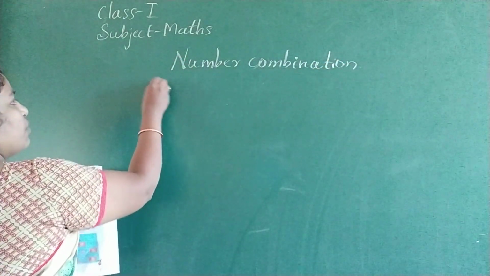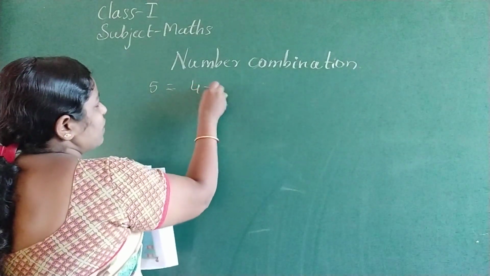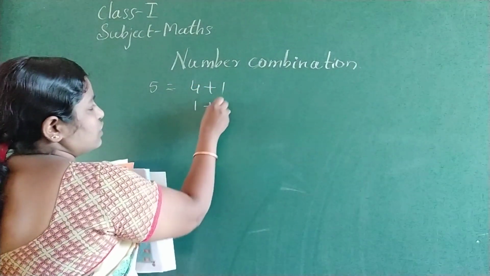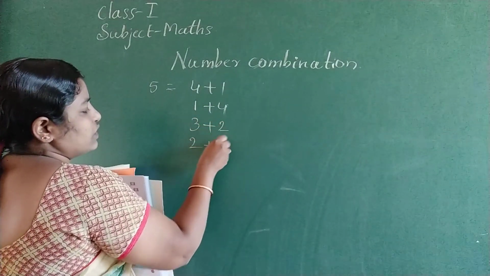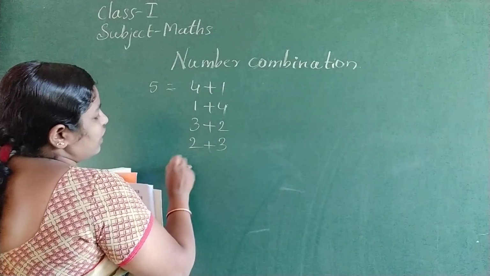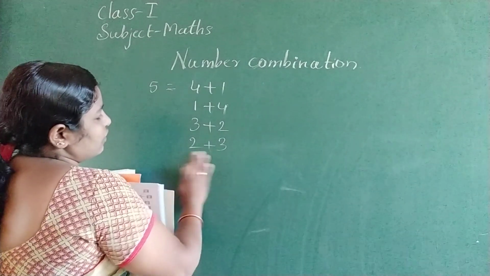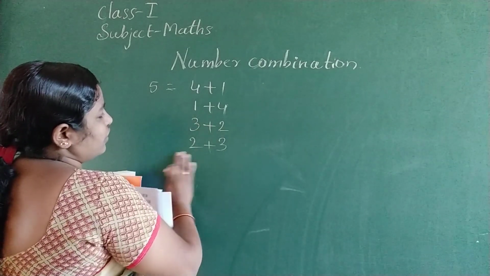Number combinations. For example, 5. 5 can be written like this also, 4 plus 1 or 1 plus 4, 3 plus 2 or 2 plus 3. Yes? Or I can write like 2 plus 3, 1 plus 4, already written.